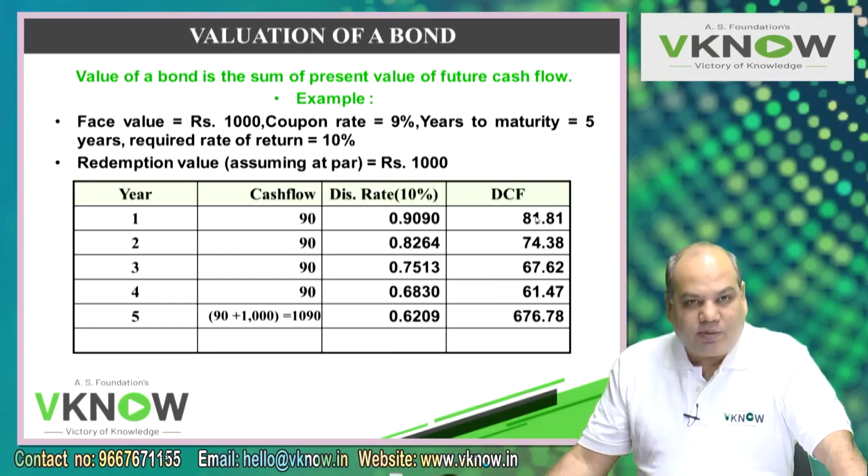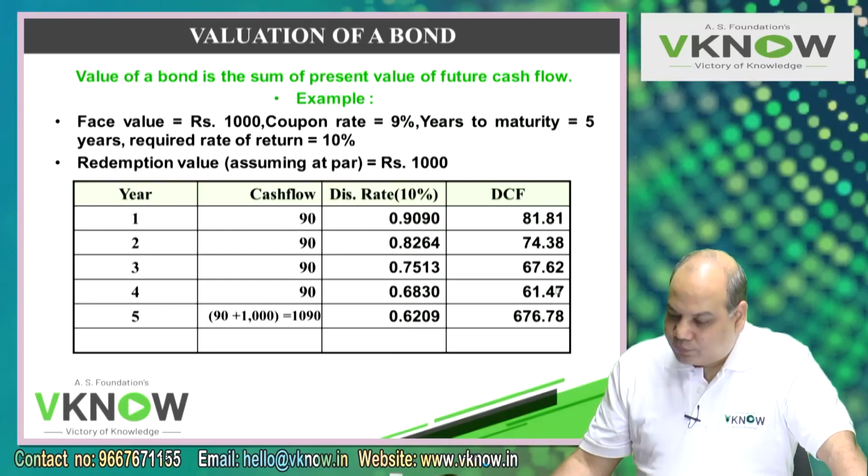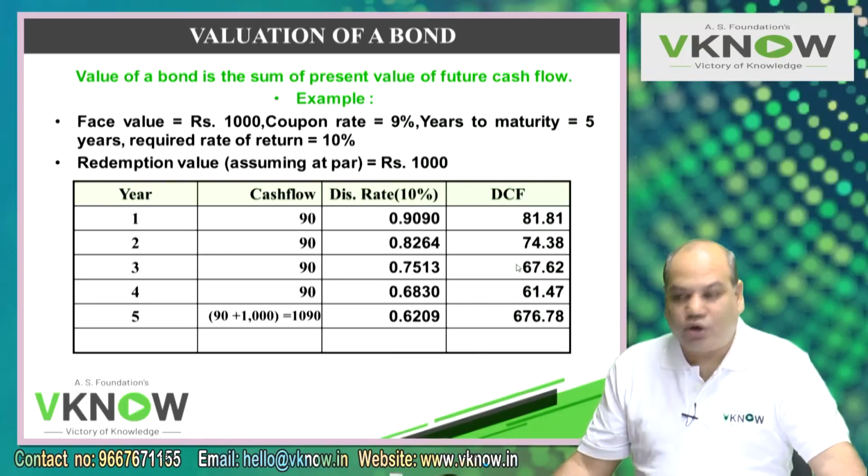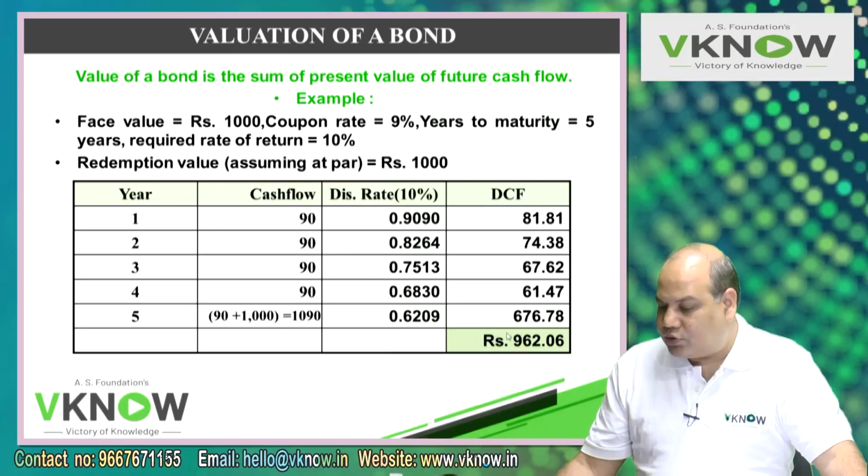If you use memory plus function, you can save lot of time here because you don't have to type it again. Just press MRC, memory recall function, and the calculator will give you the total that comes to 962.06.